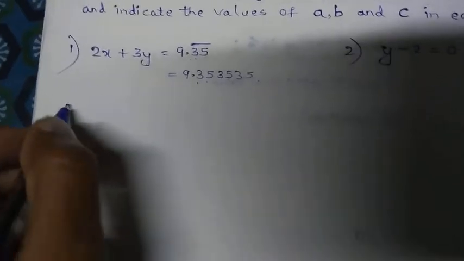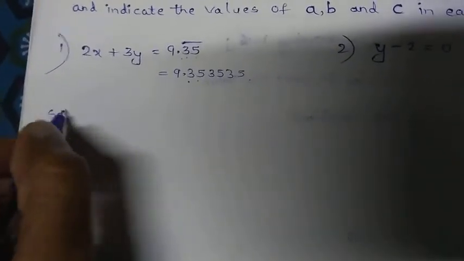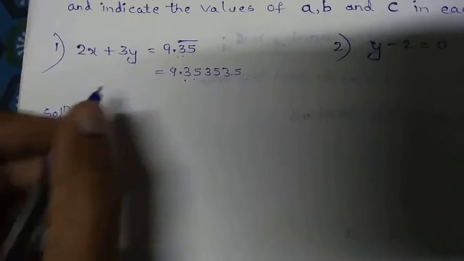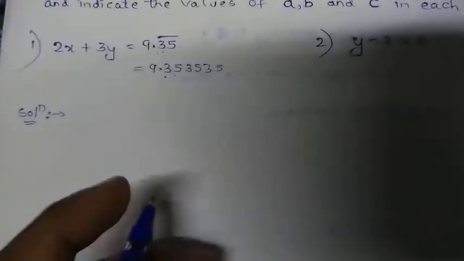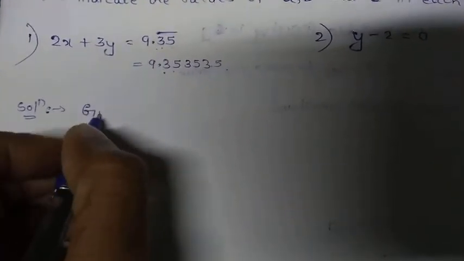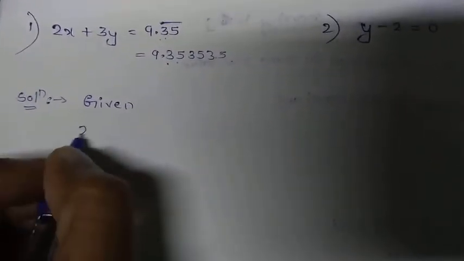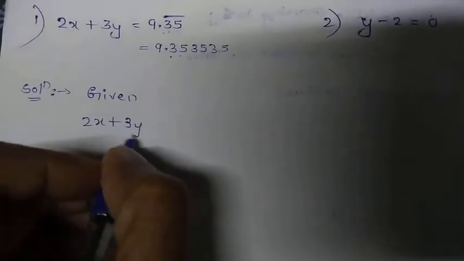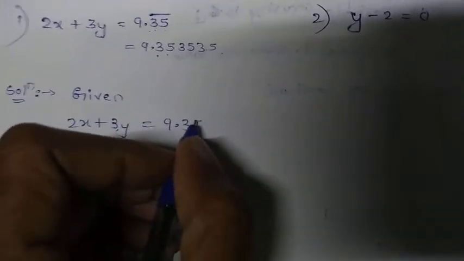So now moving on to this linear equation in two variables. Now we have to express this particular equation in ax plus by plus c form. So first write down whatever they have given, that is 2x plus 3y equals to 9.35 bar.